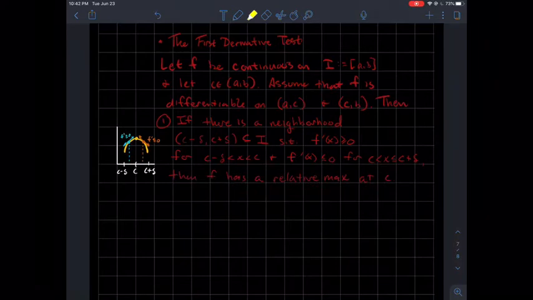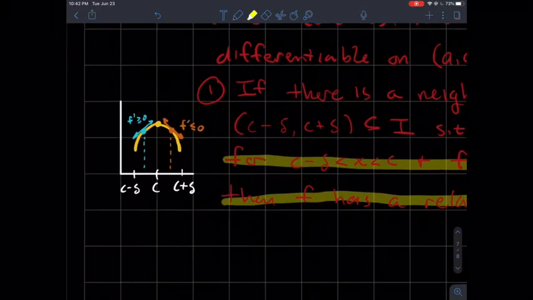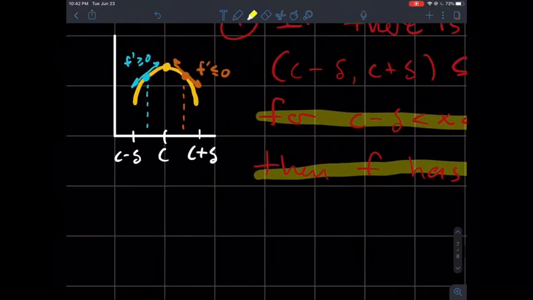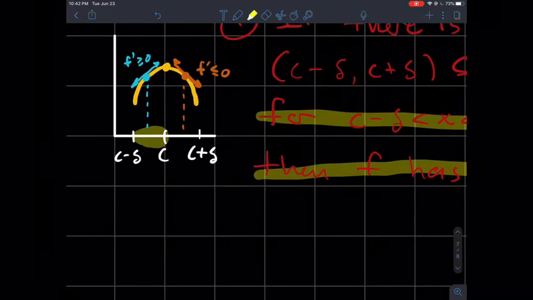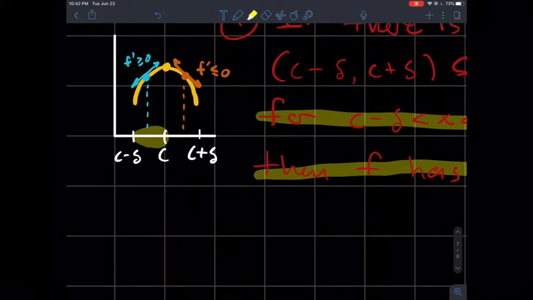And so how do I visualize all this good stuff here? I'm hoping that I've got a picture that helps clear things up. So I'm trying to say, if I'm in this interval from c minus delta to c, if you pick an x value in there, and it happens to be the case that the derivative is non-negative, well then that means that the slope of the graph there is a non-negative number, so the tangent line looks something like the blue.